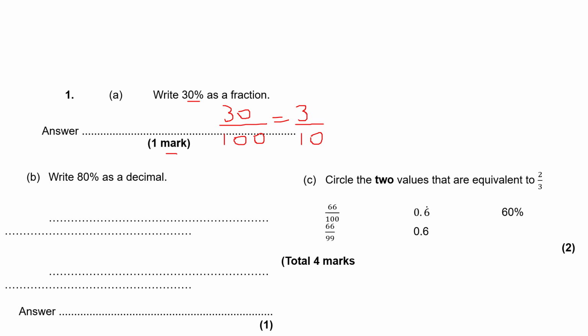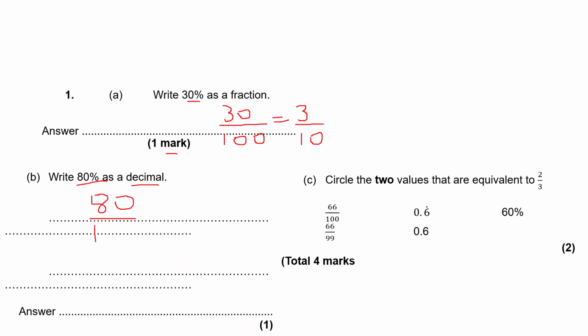Okay, so the word percent means out of 100, it means per 100. For part B, write 80% as a decimal. So a percentage to a decimal, I divide it by 100 because that's equal to 80 hundredths as a fraction.